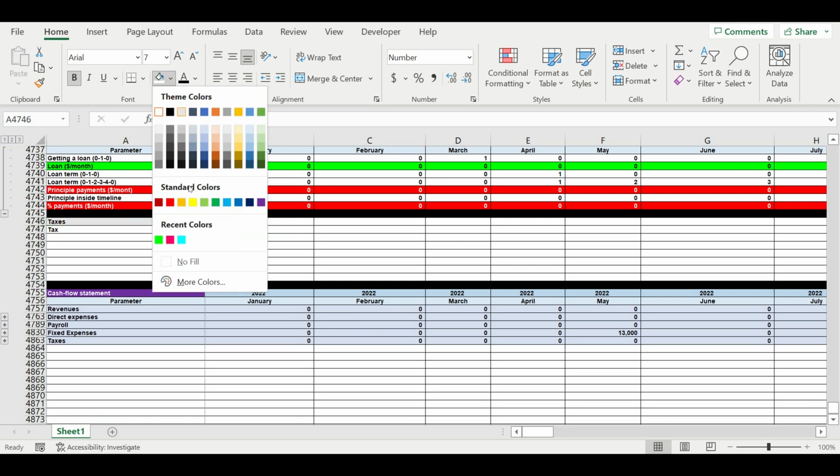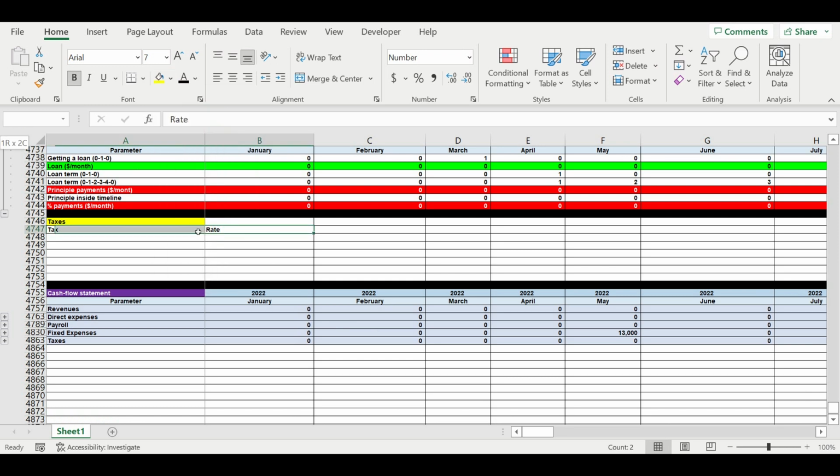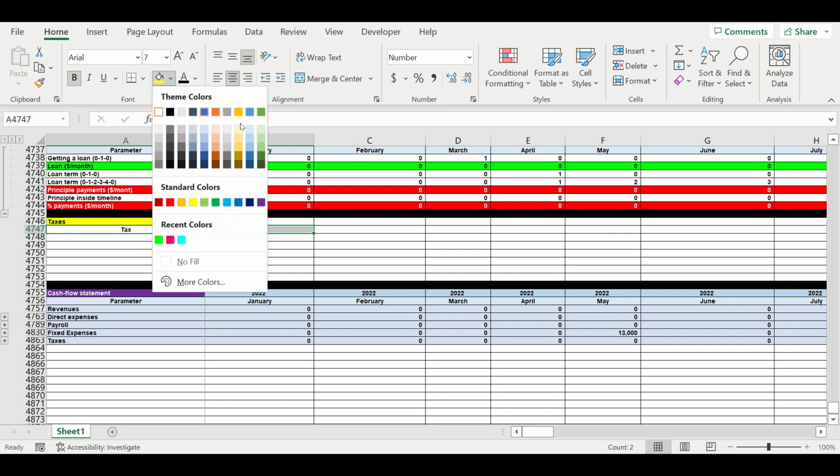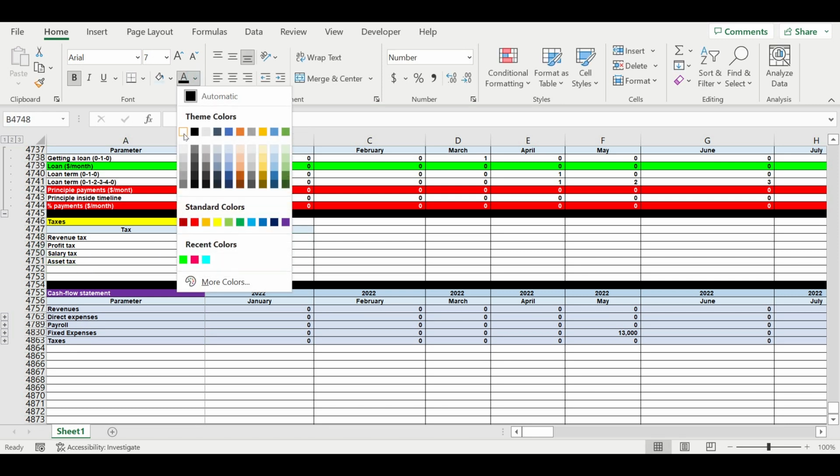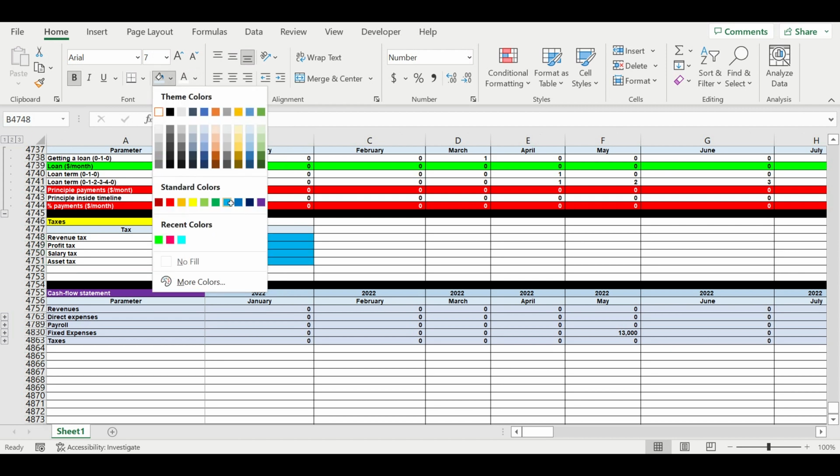Here I will create a new block of inputs: revenue tax, profit tax, salary tax, asset tax, and here these are the inputs. So we color them with blue color.